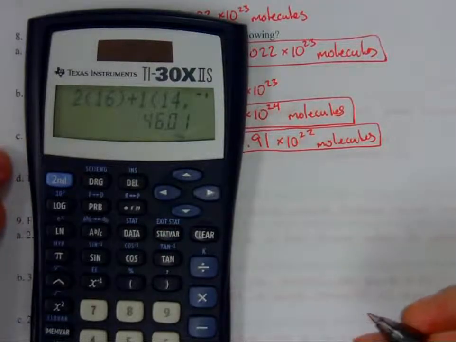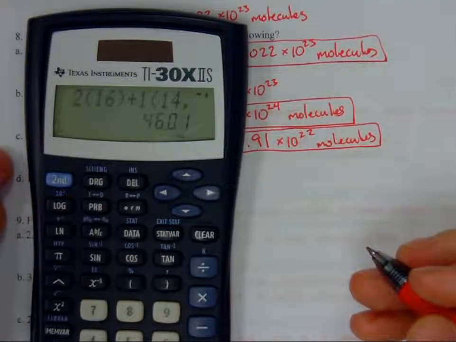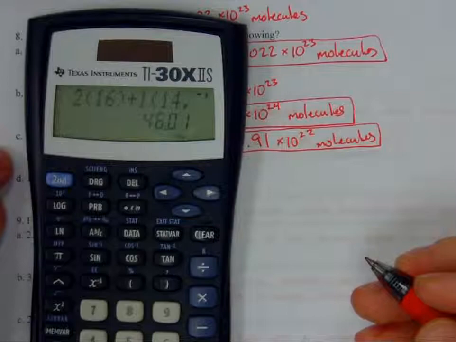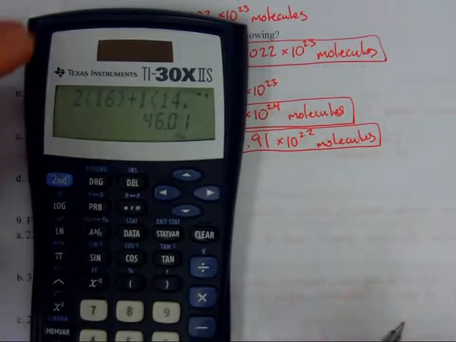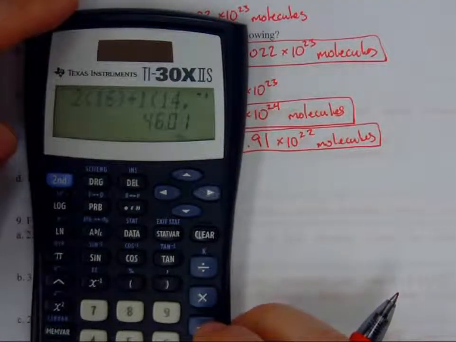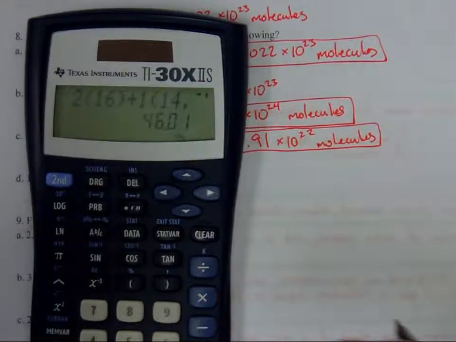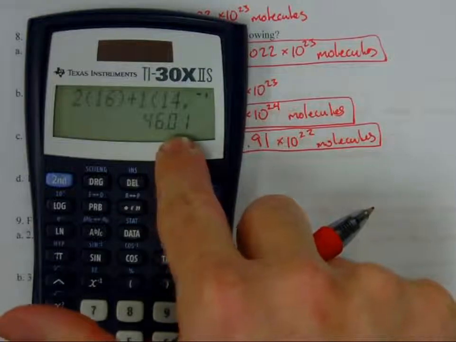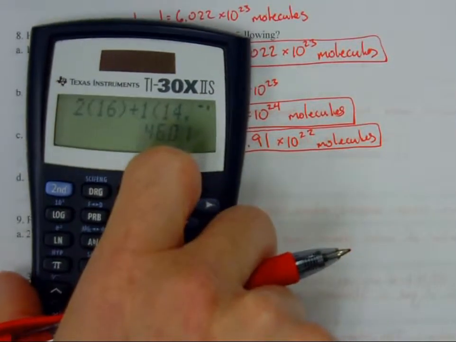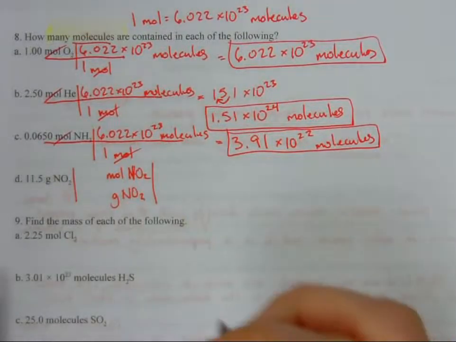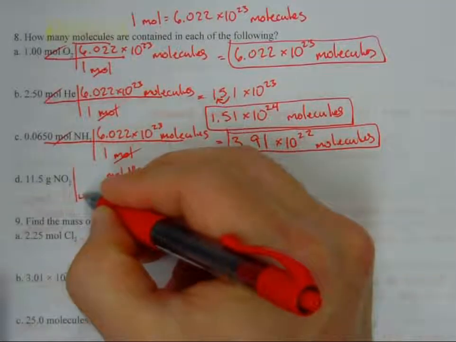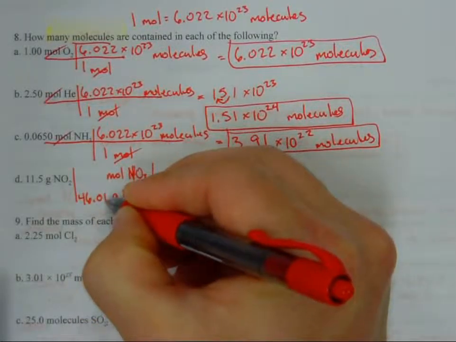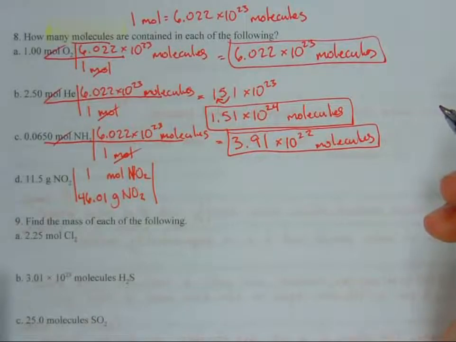And so our molar mass of NO2 is 46.01. Now, I did addition here at the end, so I'm actually going to keep that 0.01. For every 1 mole.